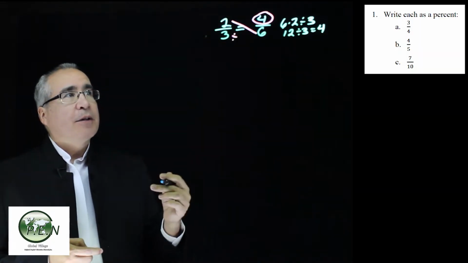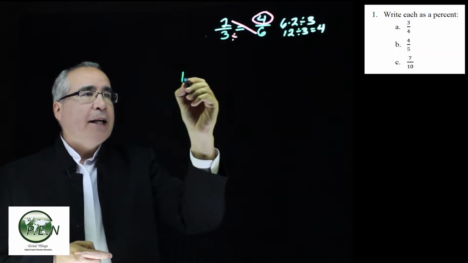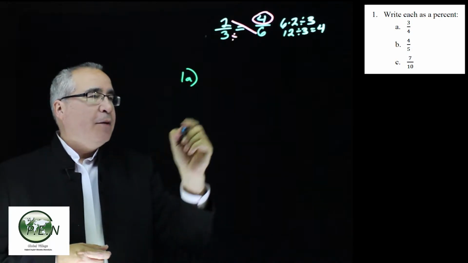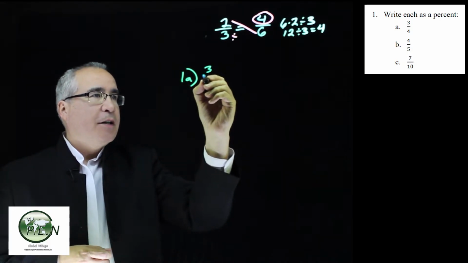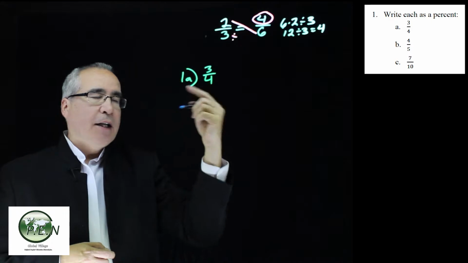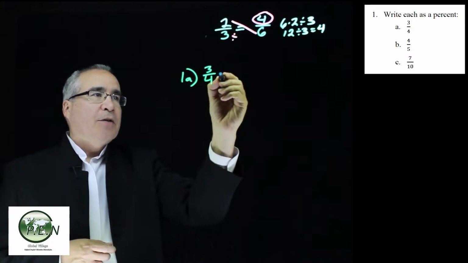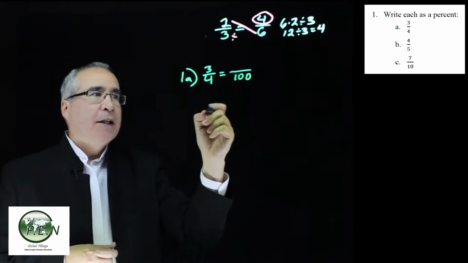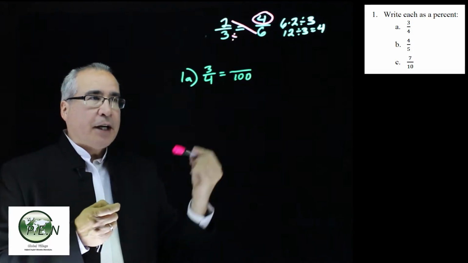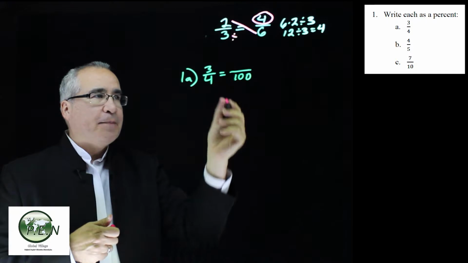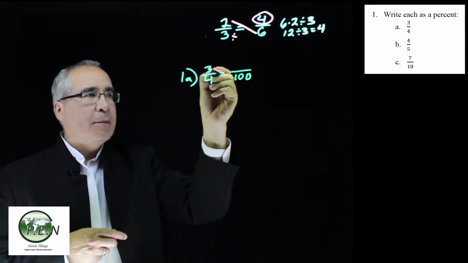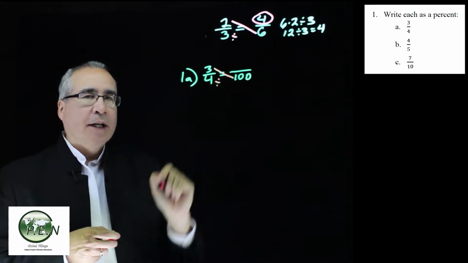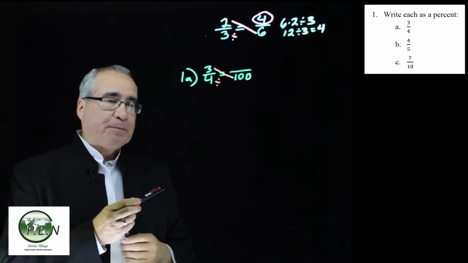So let's start with question number 1, 1a. In 1a, we're asked to take the fraction 3/4 and turn it to a percent. So we're turning it to a per 100, an equivalent fraction to 3/4. And we use this method, 100 times 3 divided by 4, and we will get that top part.